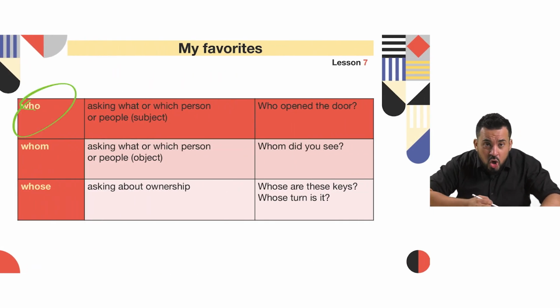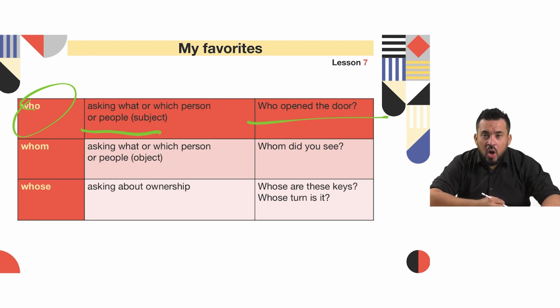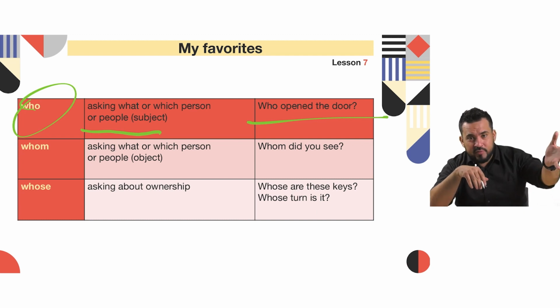Who? Who is for people. Asking what or which person or people. Like, who opened the door? We're asking about a person, okay? We're asking about a person or people. Who opened the door? Who was here?